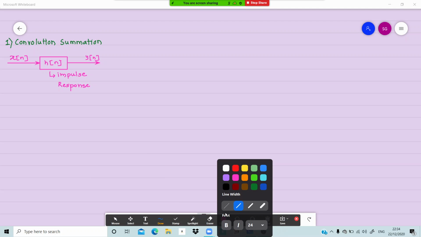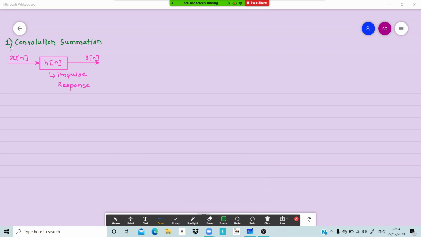Now if I want to talk about the input, let us say the input is having n number of samples. So at t equal to 0, x0, x1, x2, x3, and will continue till infinity.